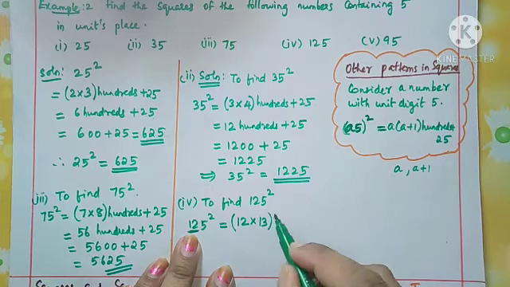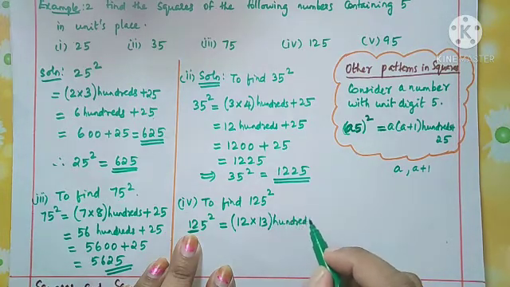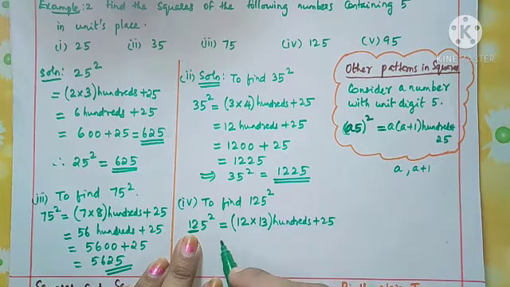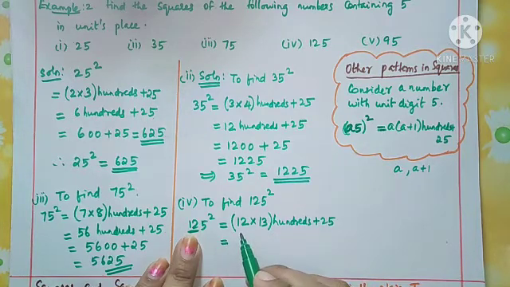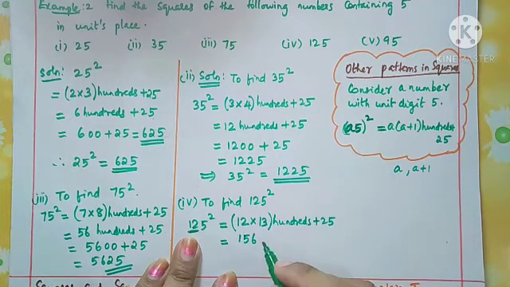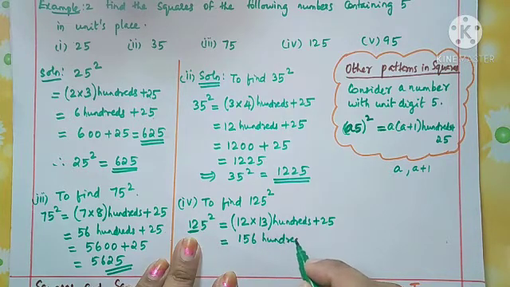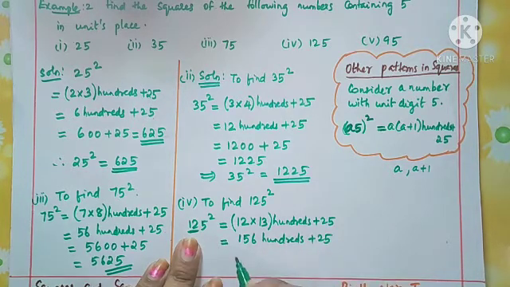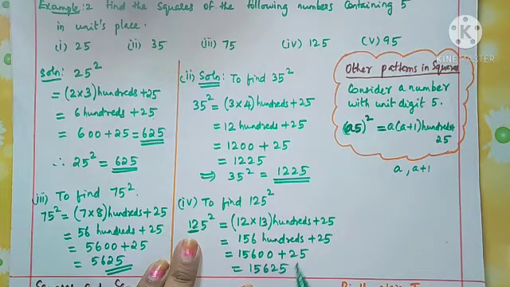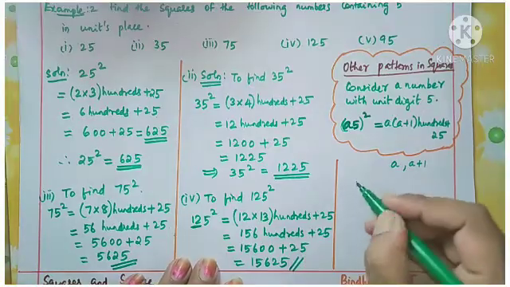Close the bracket, hundreds plus 25. So what is 12 into 13? It is 156. All of you do the calculation. Hundreds plus 25, so that is 156, 2 zeros plus 25. So your answer is 15625.